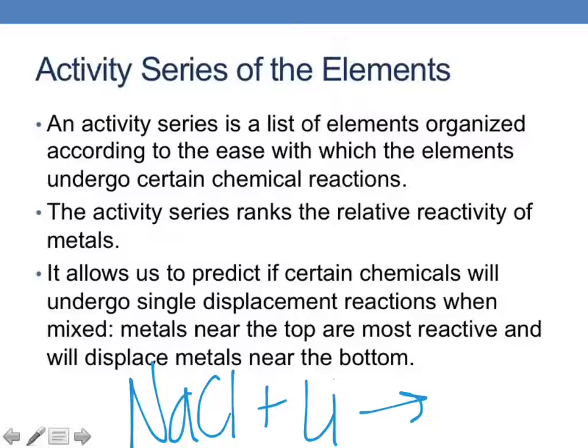What I like to do is think of this as team rankings, basketball, football, whatever you want. If you're looking at your solubility rules chart, you have your top team, and then you have your bottom team down here, which on here should be gold. It's fallen off.